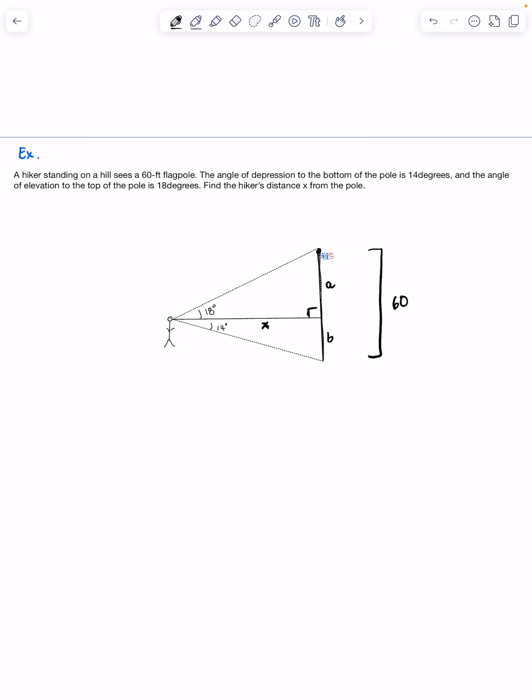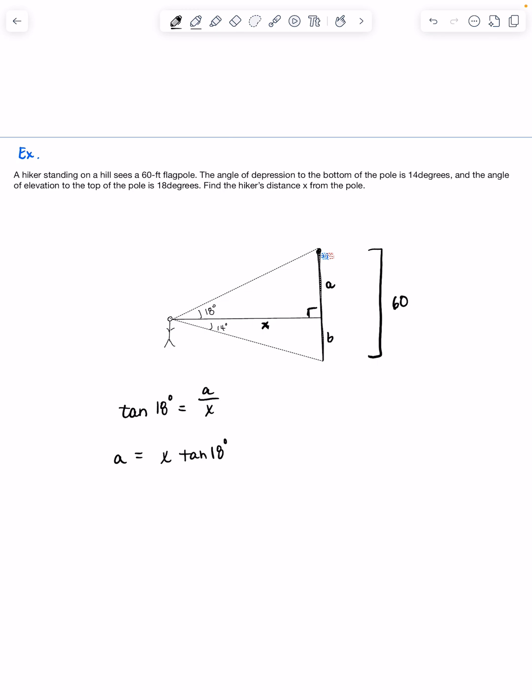And then X is adjacent, it's next to it. So I know that the tangent, because I'm talking about opposite and adjacent, the tangent of 18 is going to equal A over X. Or I could say that A equals X times the tangent of 18, and that's just by cross multiplying.